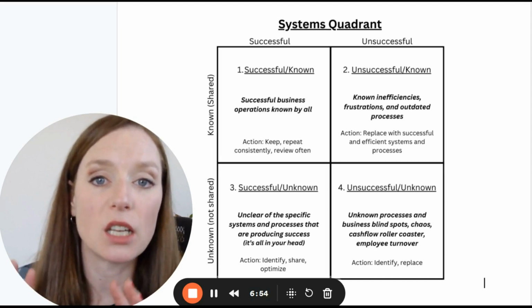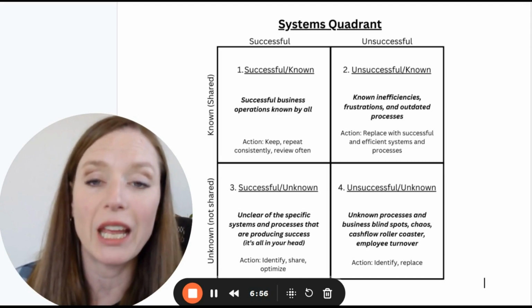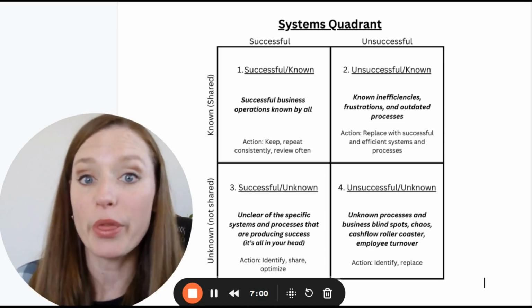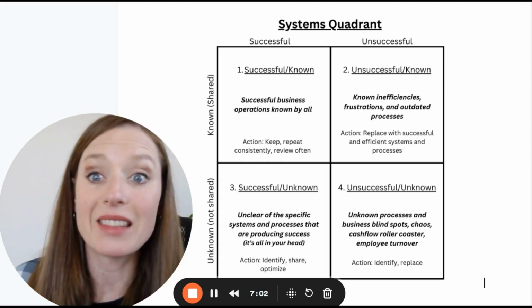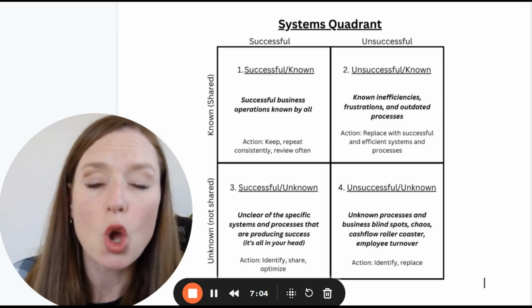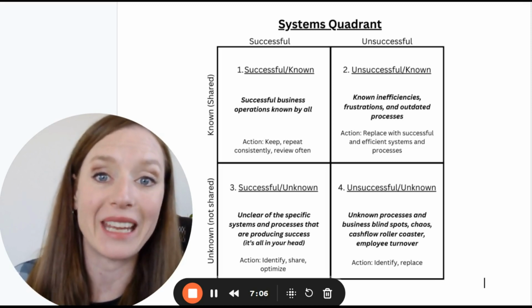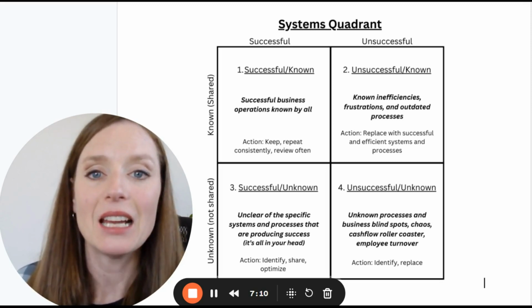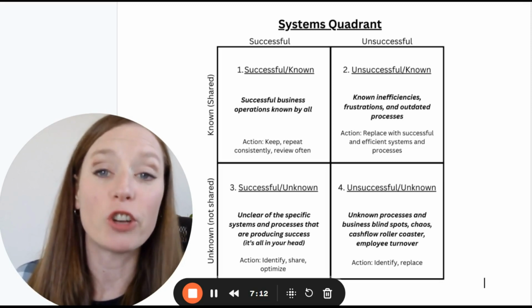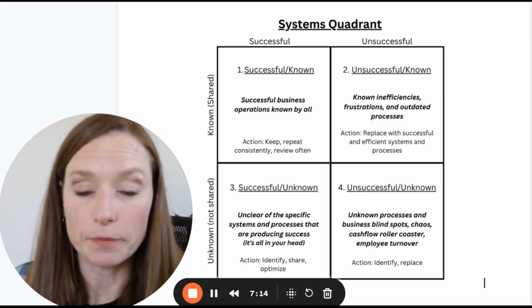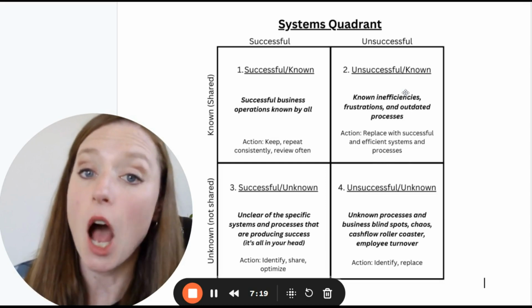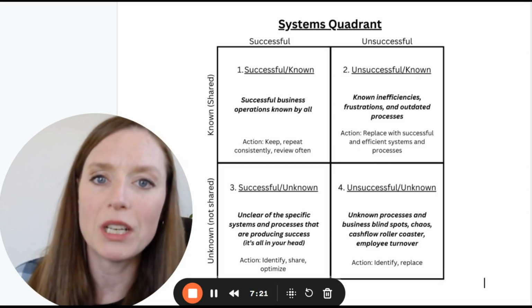We want to just check on them and make sure they're still working. But most of the time, when people think of systems and processes, they think of changing these or only documenting these. And although documenting them is probably a great idea, you're not going to get the bang for your buck starting here.